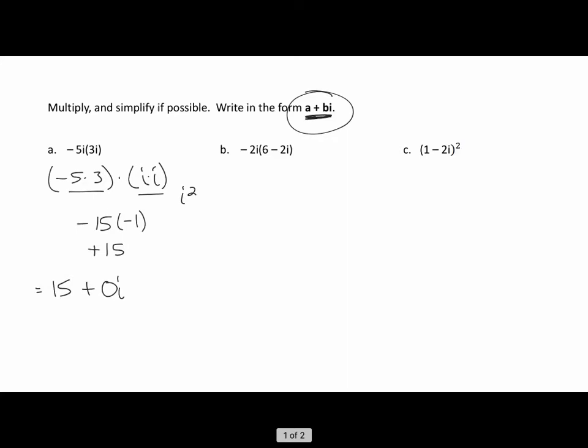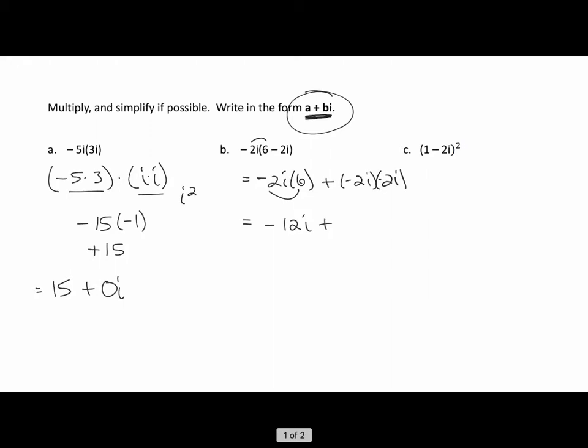For b, I'm going to have to distribute. So first we multiply negative 2i times 6, and then we multiply negative 2i times negative 2i. So for negative 2i times 6, I'm going to multiply the numbers. Negative 2 times 6 is negative 12 times i.